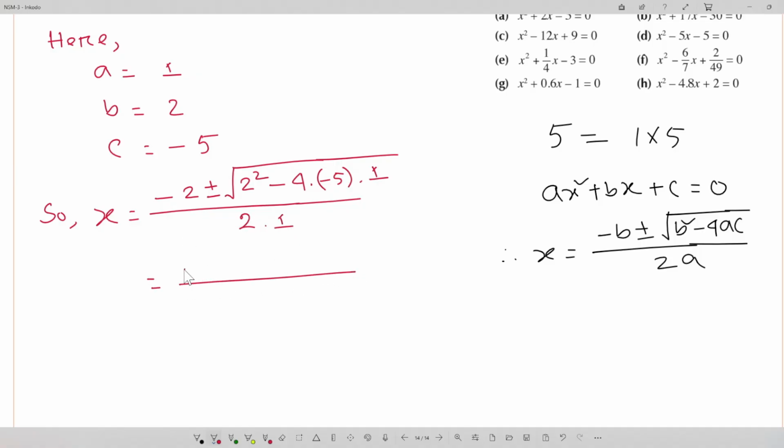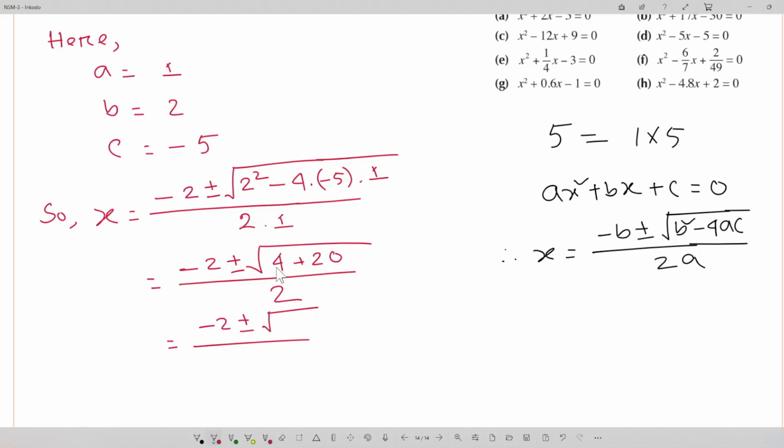So minus 2 plus minus root over 2 square means 4, minus and minus plus, 4 times 5 is 20. 20 divide 2. Then here is minus 2 plus minus root of 4 plus 20.